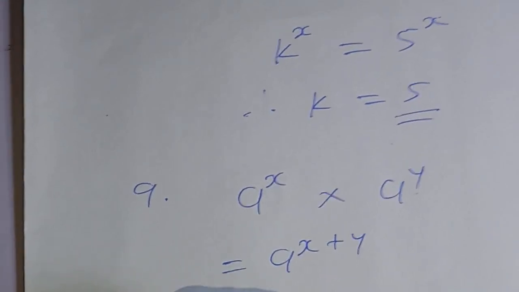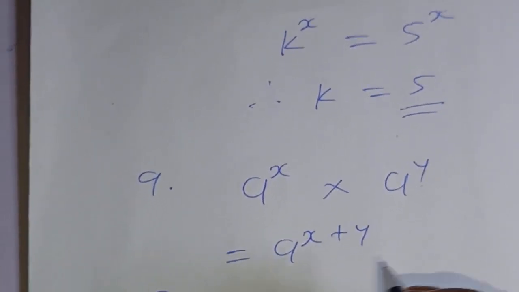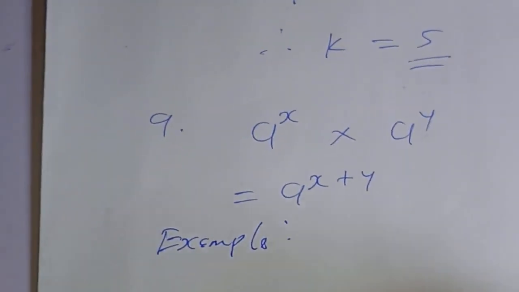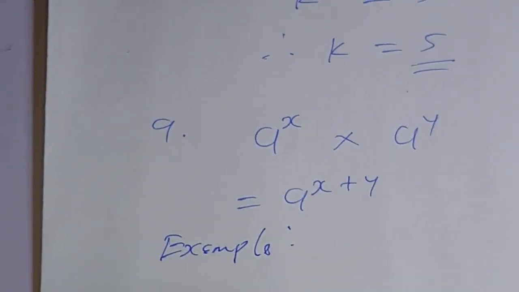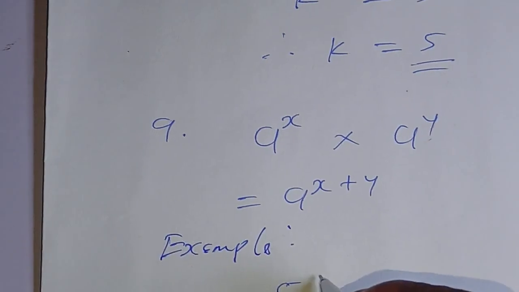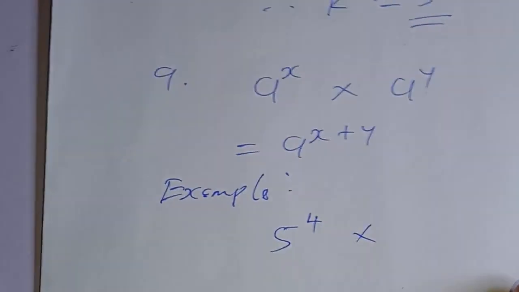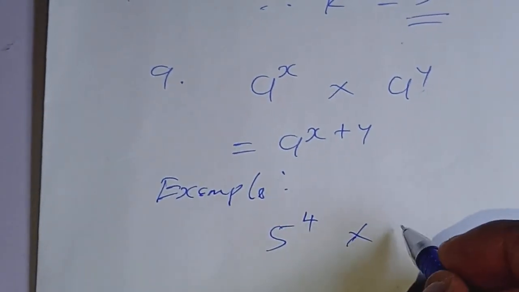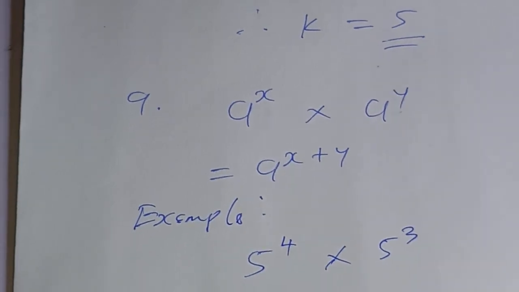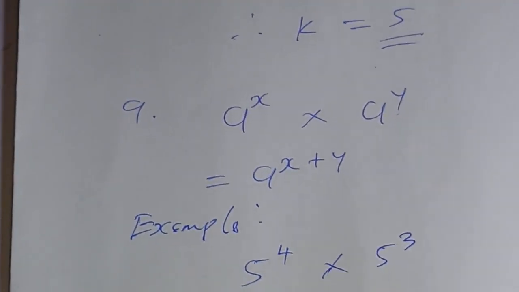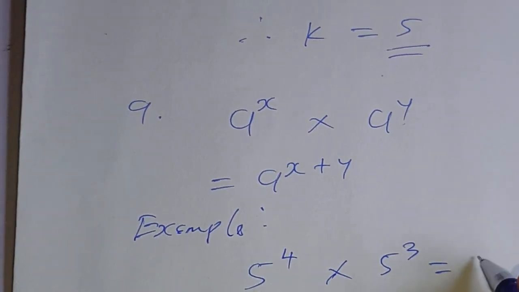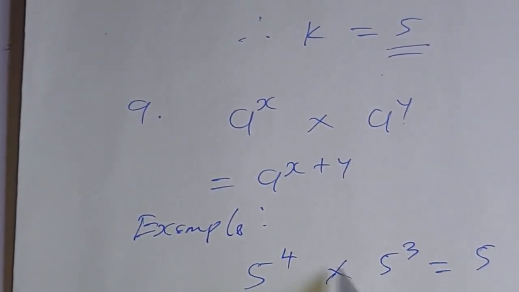Let's take an example. For example, you have 5 raised to the power 4 times 5 raised to the power 3. Let's make it that simple. What should that be? By that law, you just take one of the bases. One of the bases here is 5. Since the operator here is multiplication, it's going to be plus.